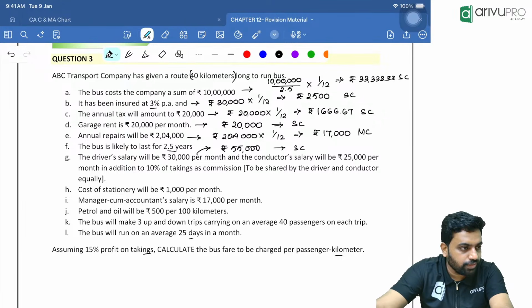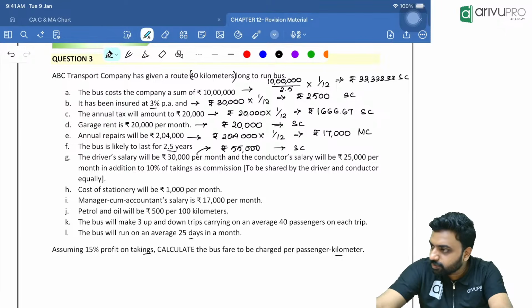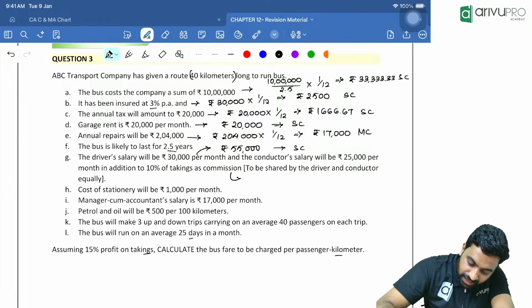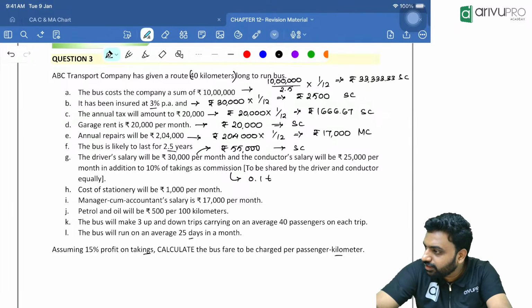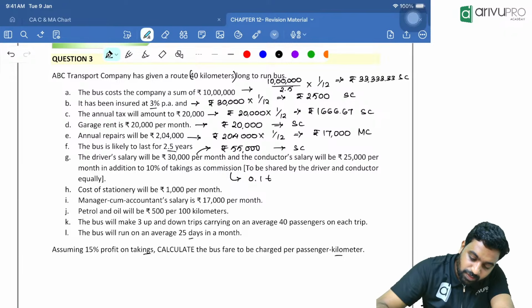Let them share however they want, but for us 10% of our takings is the commission. So shall I take my takings as T? Then my commission will be 0.1 T. And this will be your running charges, variable.